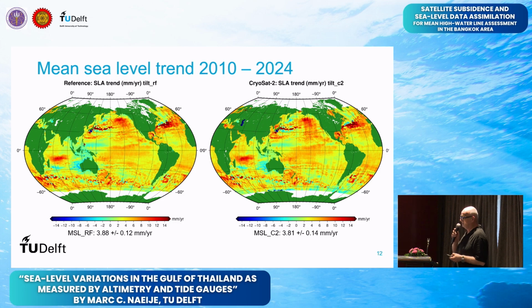So there are two things about mean sea level. You already see it here. The mean sea level trend, the tilt in the mean sea level, is not a uniform thing. It's not just one color here. So it's also a very local thing. Some places you have more of this sea level change, sea level rise, than in other places.